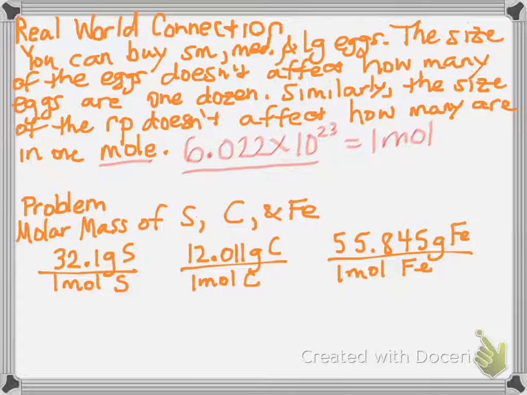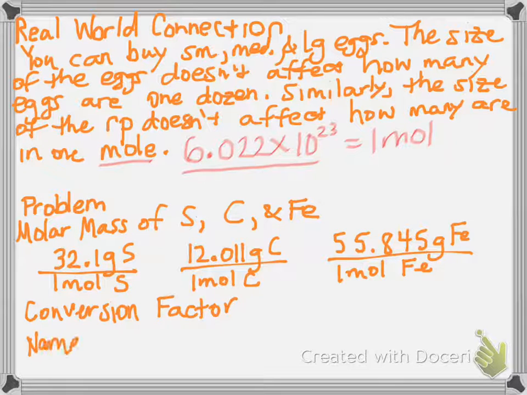So this gives me a new conversion factor for your chemistry toolkit. Remember, you used a scrap sheet of paper or an index card to make yourself a chemistry toolkit. And so this new tool that we're adding here has a name. Its name is molar mass.